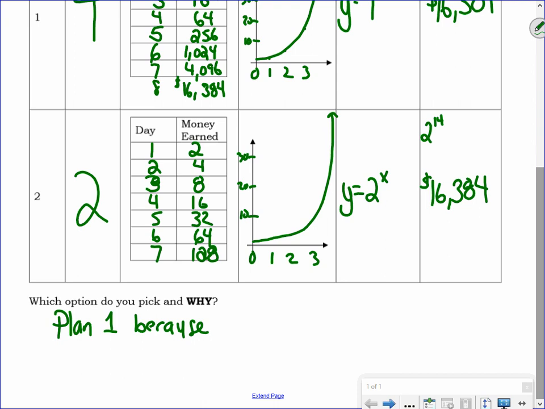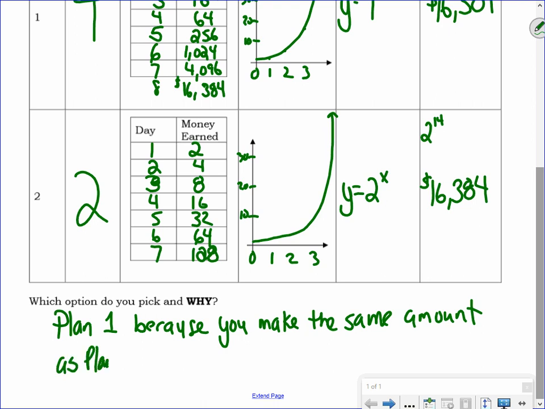So we will say plan 1 because you make the same amount as plan 2, but work less days. And that's the comparison you are going to make.